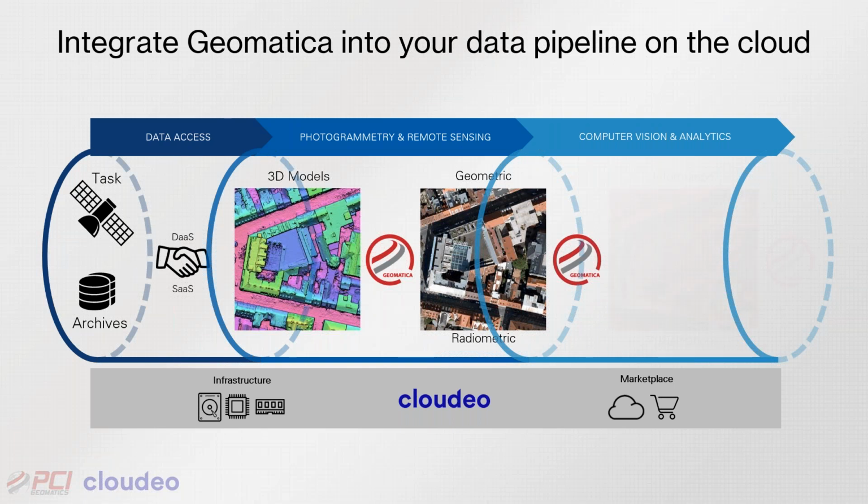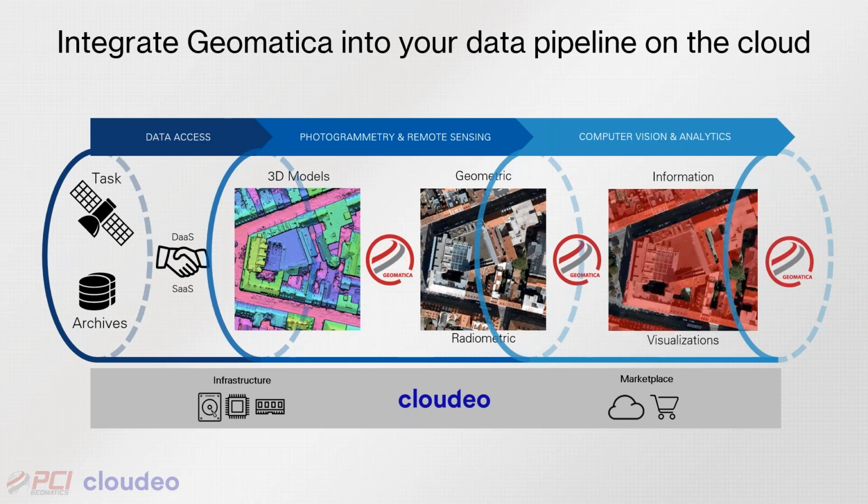And then finally, taking it to the next step, such as creating that information product, such as using our machine learning algorithms for feature extraction and classification, change detection, and so much more.